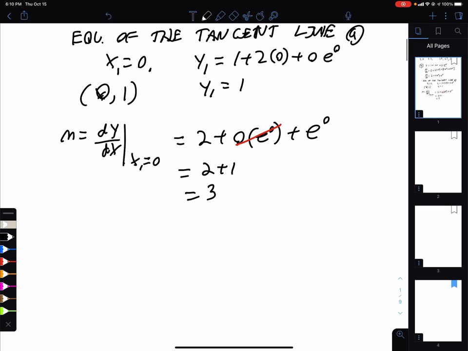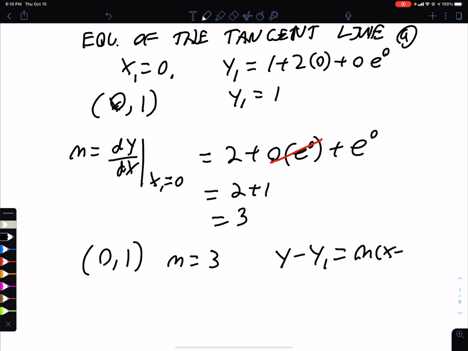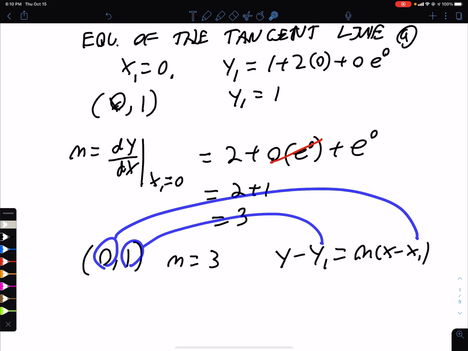So now we have our point of tangency, and we have our slope. And you all should know the equation of a line in point-slope form is that. And we plug in our known point. So our 1 goes in for our y, our 0 goes in for our x, and 3 goes in for our slope.